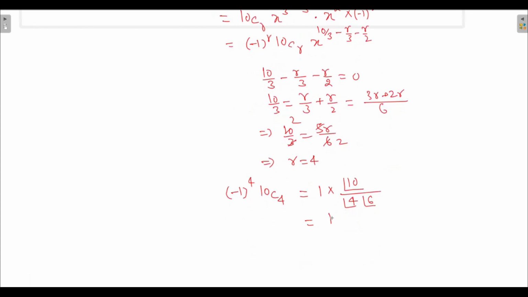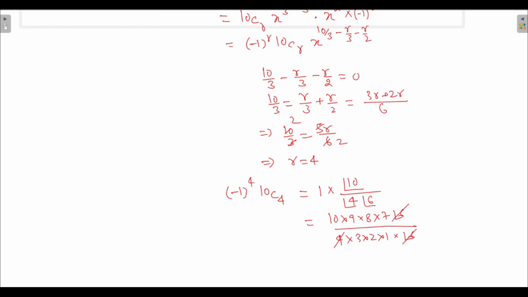I could write this as 10 into 9 into 8 into 7 into factorial 6 upon factorial 4 into factorial 6. Let's write factorial 4 also: 4 into 3 into 2 into 1, and then factorial 6 as factorial 6.